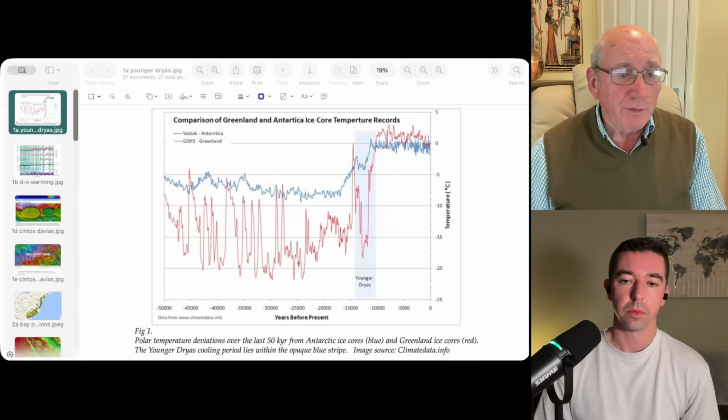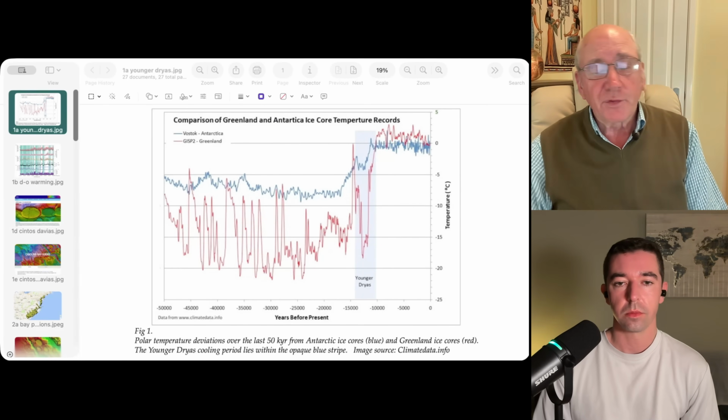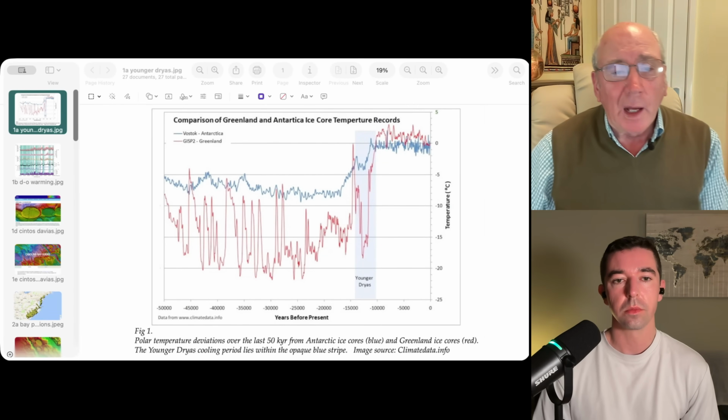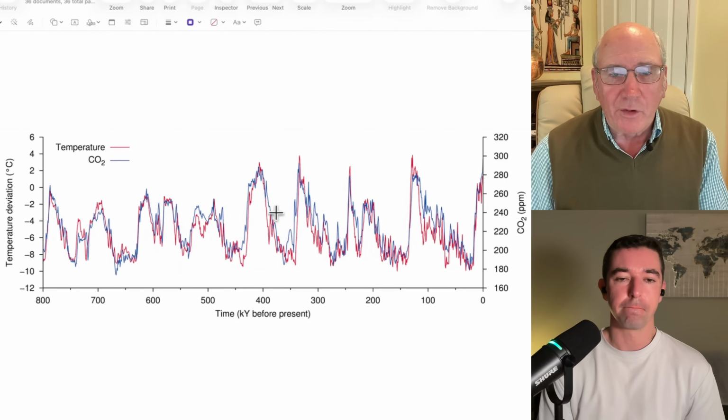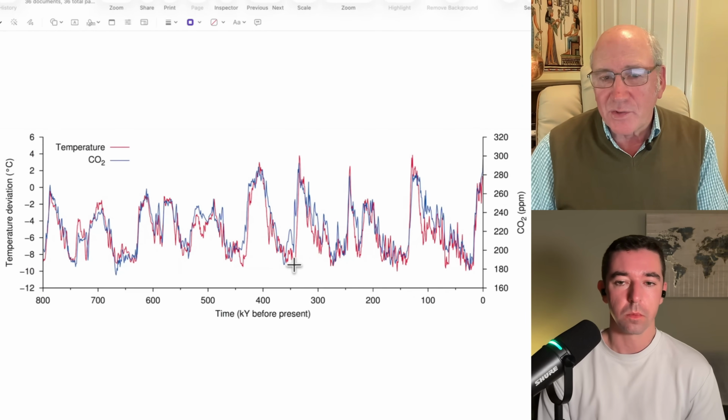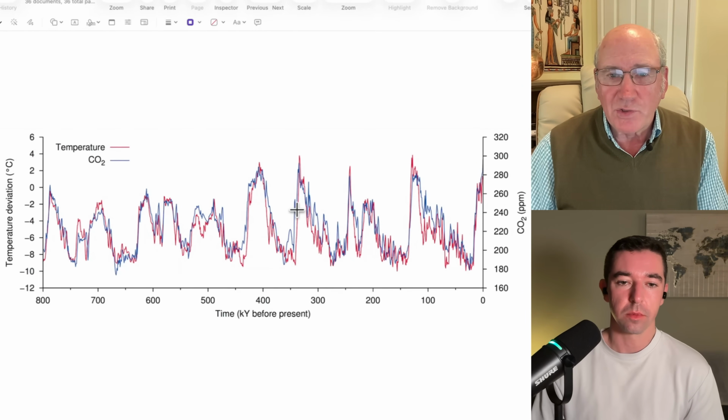So if we go back to screen share very quickly, if I go back to one of the original graphs, in this graph we can see that as temperature increases, so does CO2.